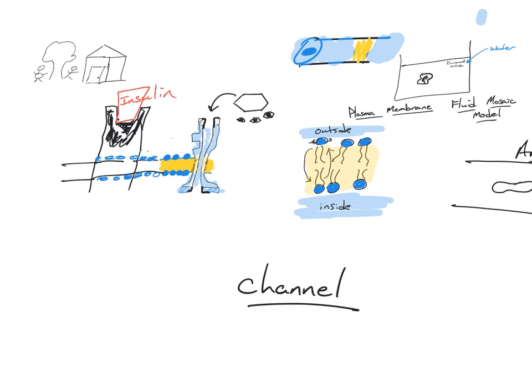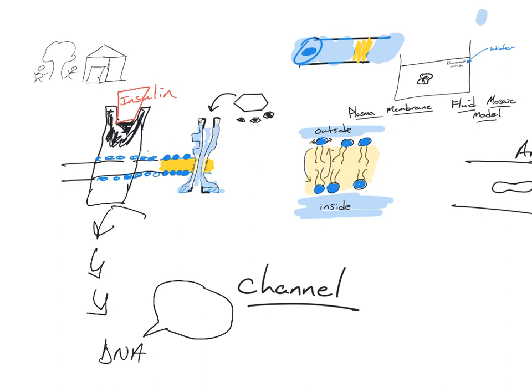Insulin binds to the protein, and then on the inside there's a whole bunch of chemical reactions that tell your DNA, hey, make more. It tells your DNA, let me do a callout, I guess that's better. It says, make more channels.